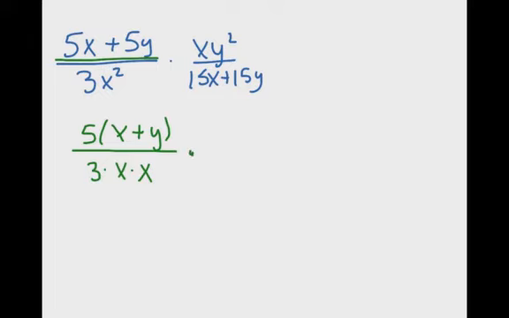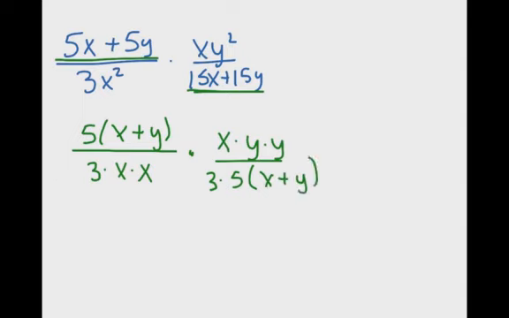Multiply that by the top here, it's going to be x times y times y. And if I look at the bottom, we have a 15 in common. So I like to write the prime factorization of that just so then I can make sure I simplify as far down as I can. So 15 equals 3 times 5. And we are left with x plus y in the bottom.